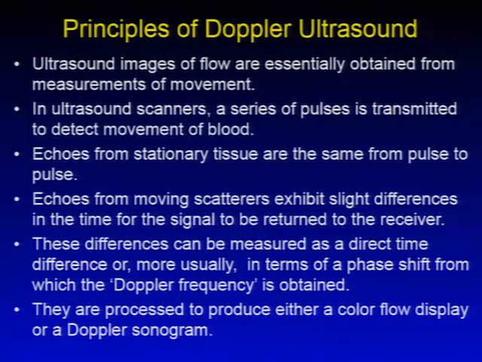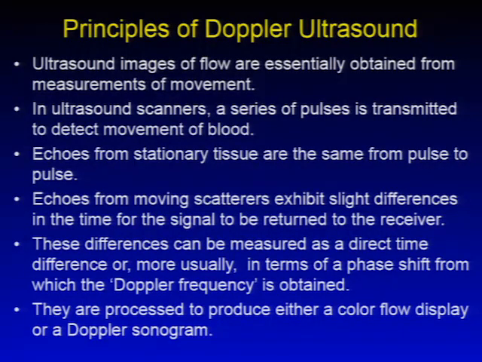However, the echoes from moving scatterers, for example the blood or red blood cells, exhibit slightly different timing for the signal to be returned to the receiver. These differences can be measured as a direct time difference, or more usually in terms of the phase shift, from which the Doppler frequency is obtained.